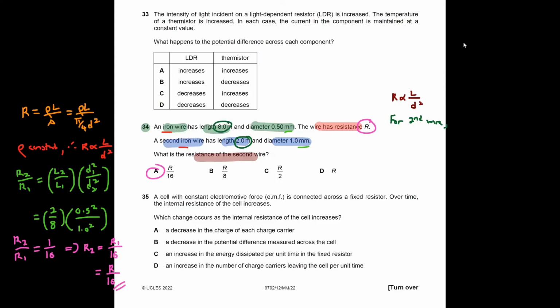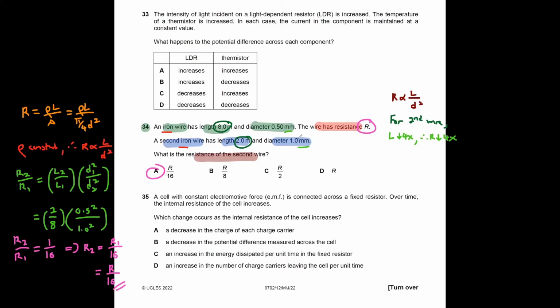So here I can say that for the second wire, the length has decreased by 4 times. Therefore, R would decrease by 4 times.